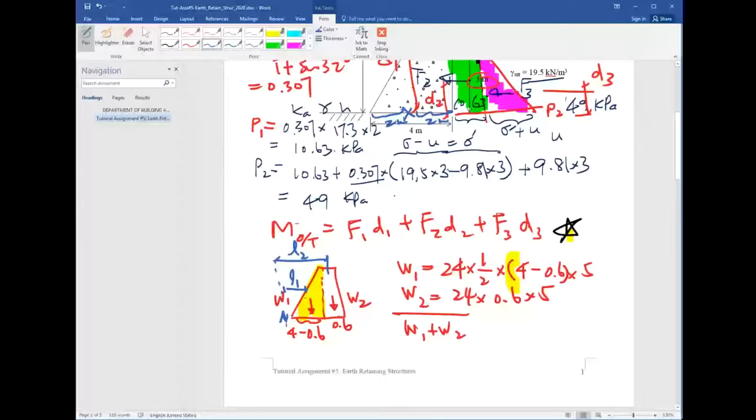Okay, now what about the midpoint here? The midpoint is somewhere here, right? So you have to work out the distance between here and that.